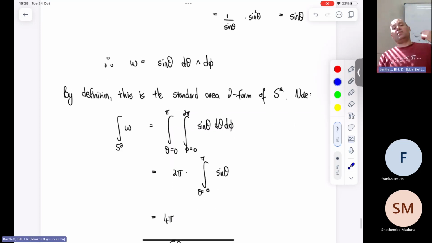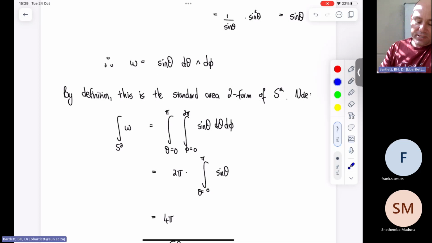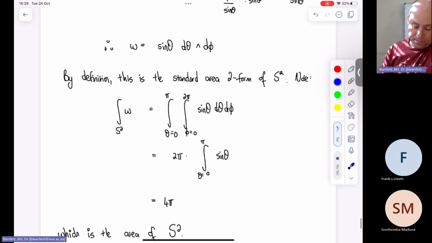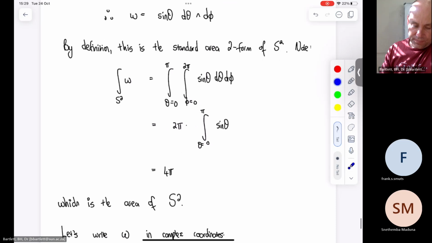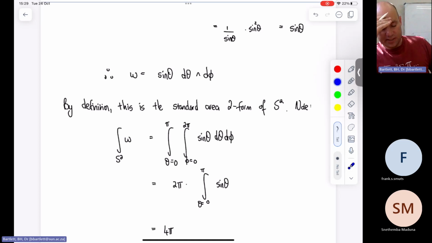So the integral of this 2 form over the 2 sphere is 4 pi. And that's the indication that it is the area form. Alternatively, I can just go ahead and calculate what the standard area form is on S2 in terms of theta phi coordinates, and you'll get this. Okay. Any questions there?